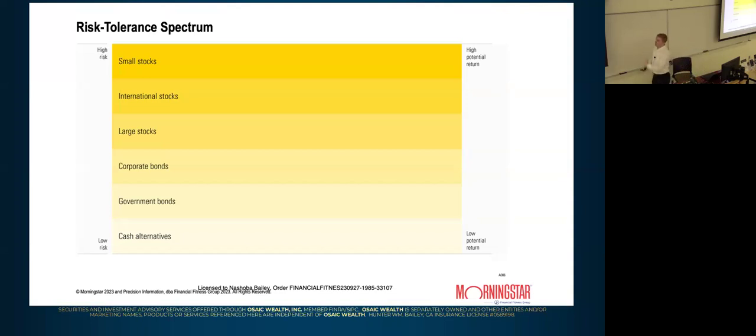Corporate bonds are one step up, large stocks one more, international stocks, and then small stocks with the highest potential risk, but the highest potential return. And again, yes. Small stocks, small cap. Yes, exactly. So whenever you hear small cap, mid cap, large cap, that's just the size of that company. Yes. Lots of savings T-bills. Yes. So the Treasury will be part of the government.